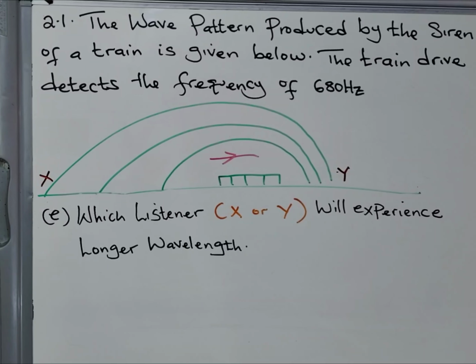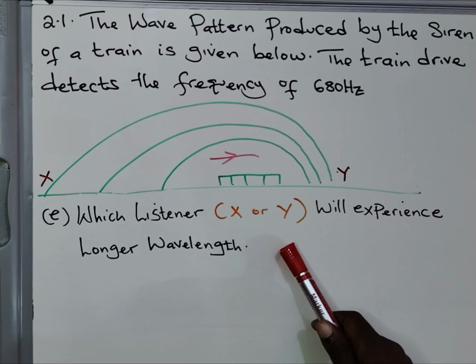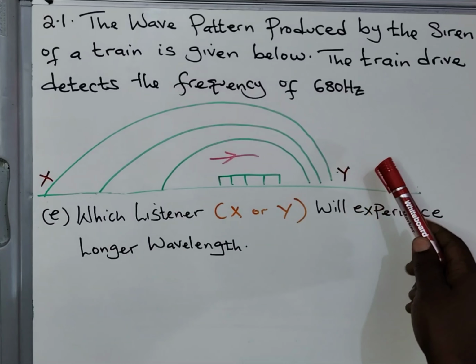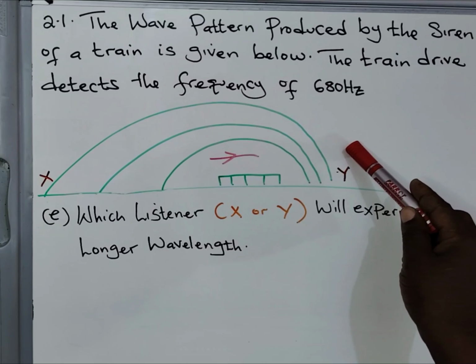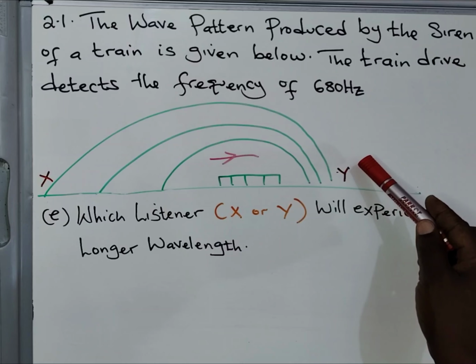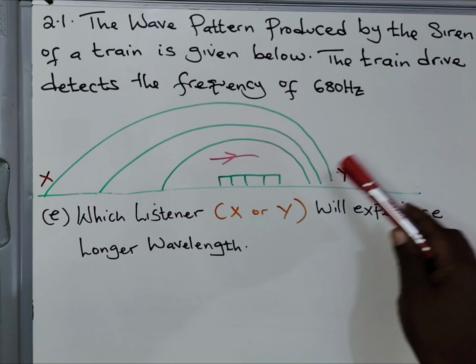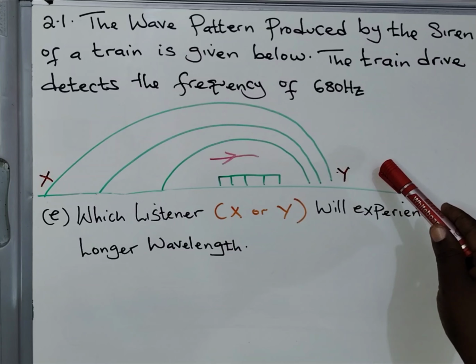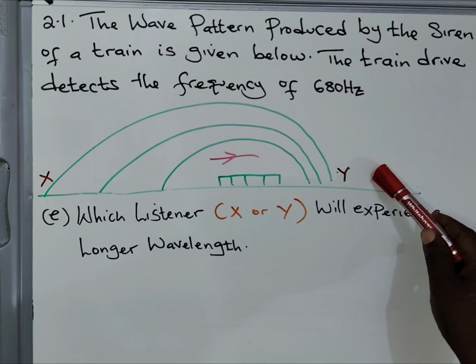Then comes this question. It says which listener, X or Y, will experience longer wavelength? To answer this question, you have to remember something: listener Y is experiencing higher frequency because the source is moving towards the person here.